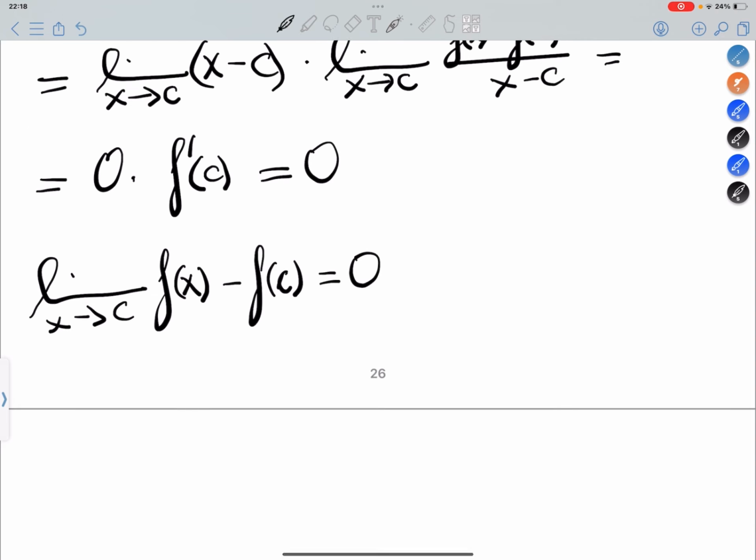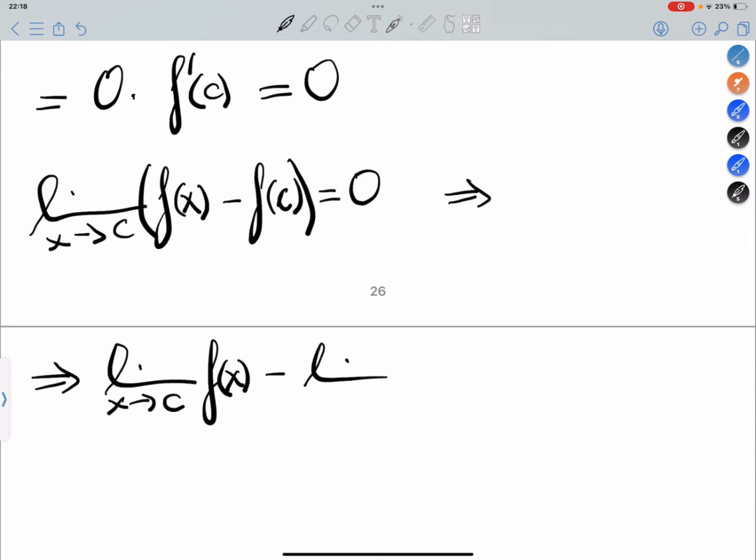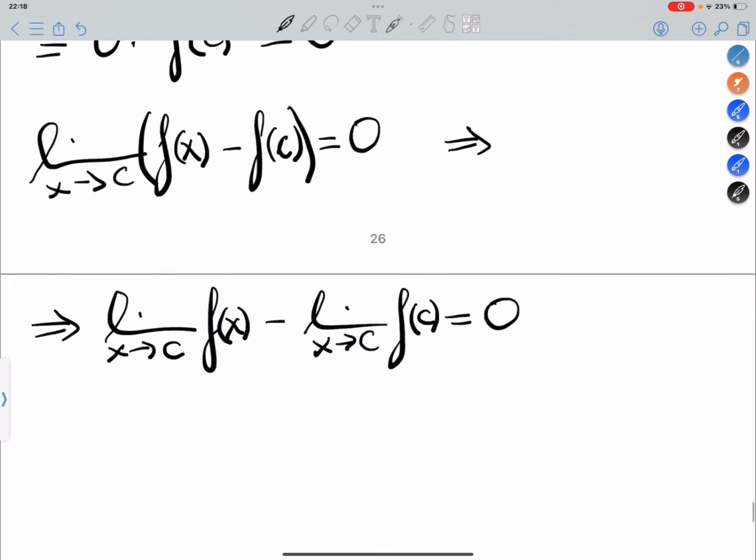Now again, we can use properties of limits because we have a difference here. The limit of the difference is the difference of the limits. So this implies that the limit as x tends to c of f of x minus the limit as x tends to c of f of c is equal to 0, right?